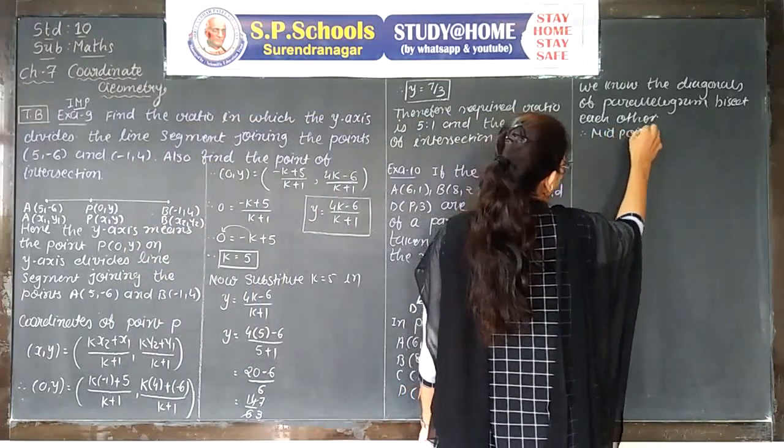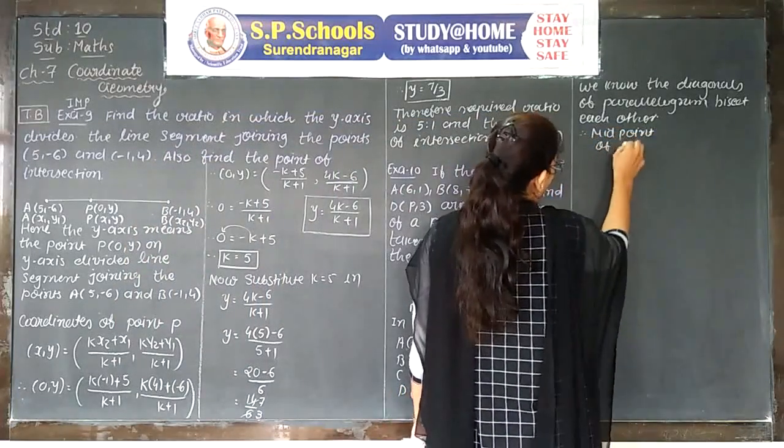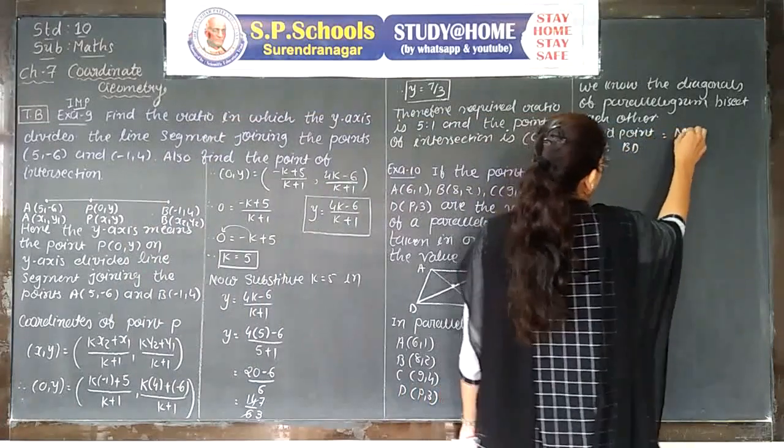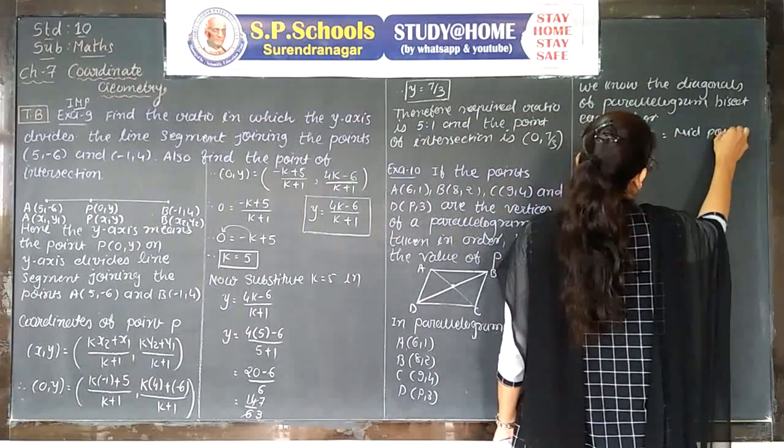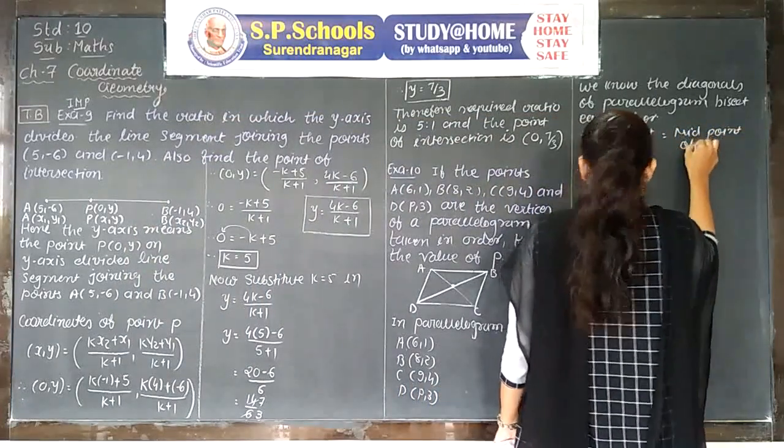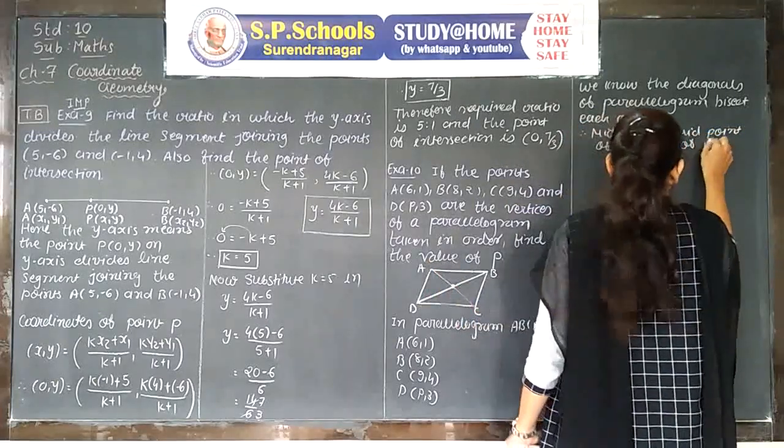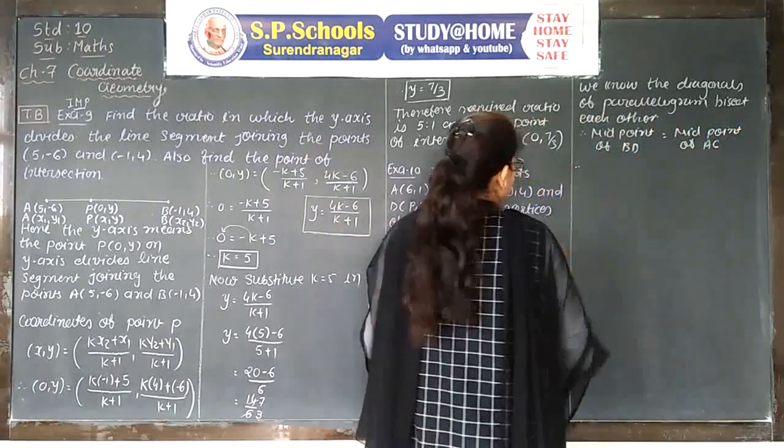Midpoint of BD is equal to the midpoint of the other diagonal AC.